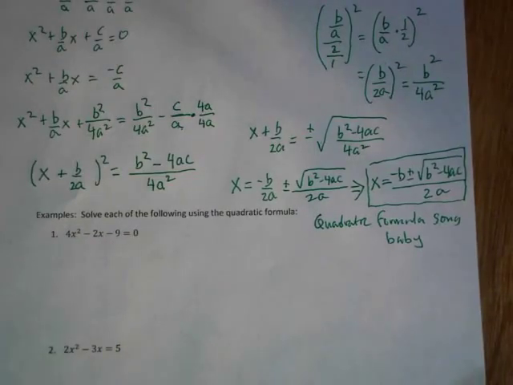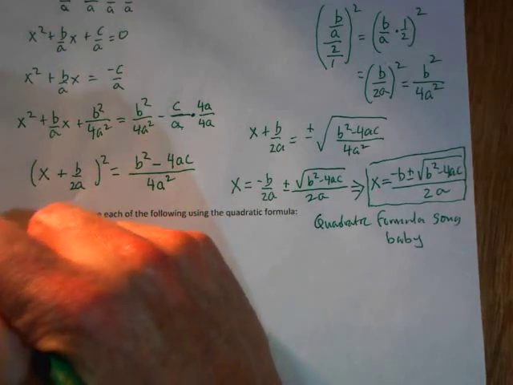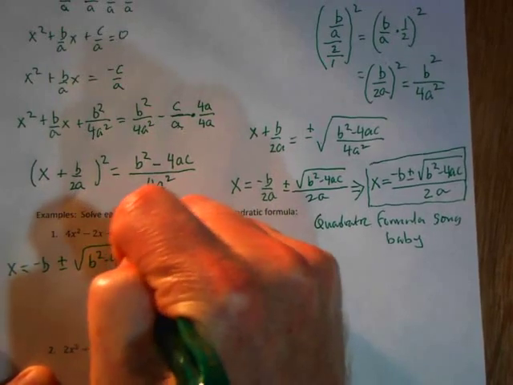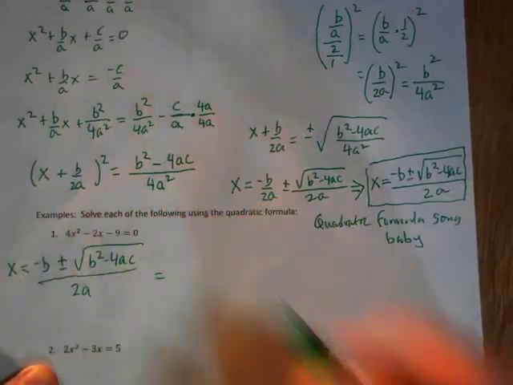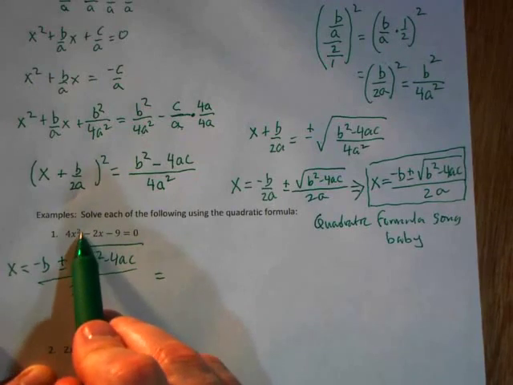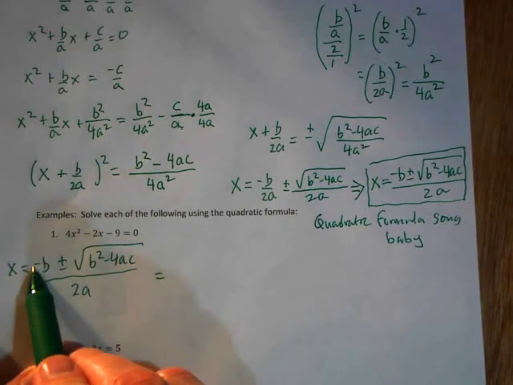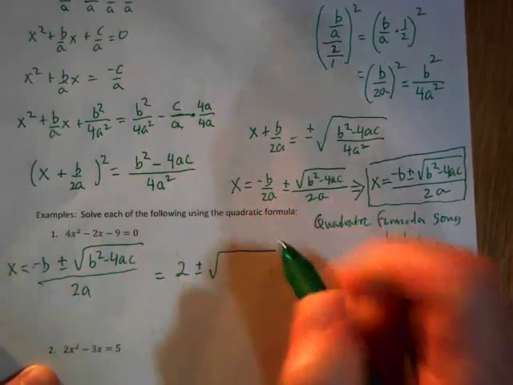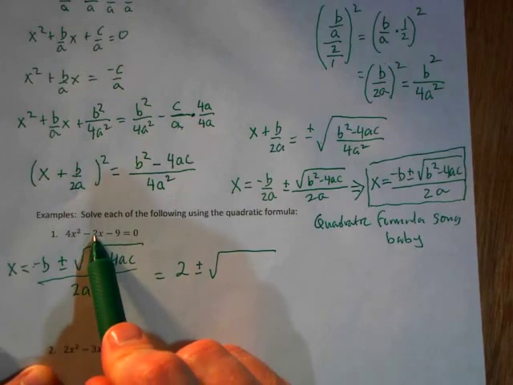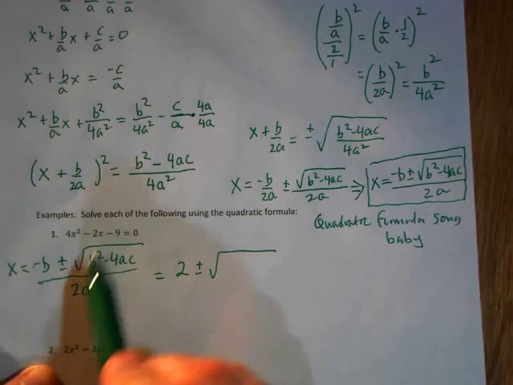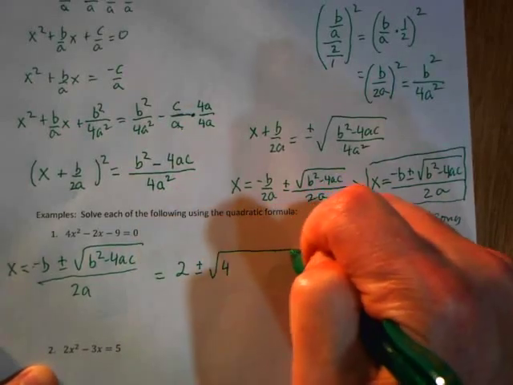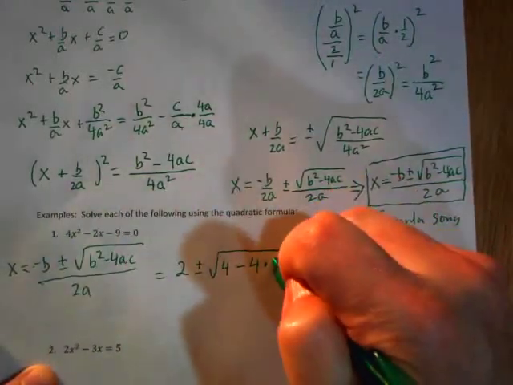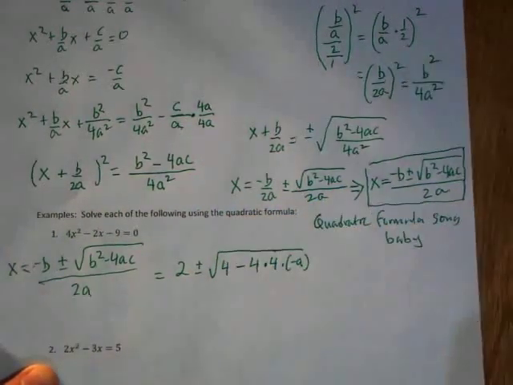4x squared minus 2x minus 9 equals 0. Alright, x equals negative b, plus or minus the square root of b squared minus 4ac all over 2a. b is the number negative 2, so negative b will be negative negative 2, which is positive 2, plus or minus the square root of b squared. b is negative 2, so b squared is 4, minus 4 times a, which is the number 4, times c, which is the number negative 9.